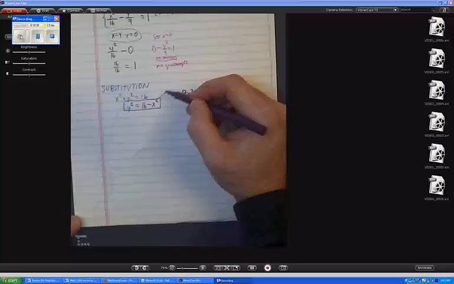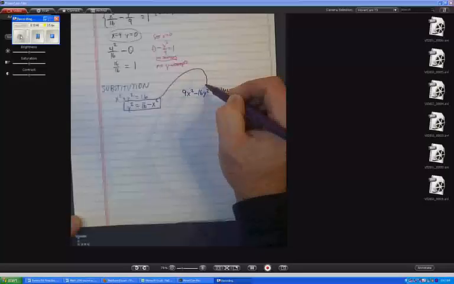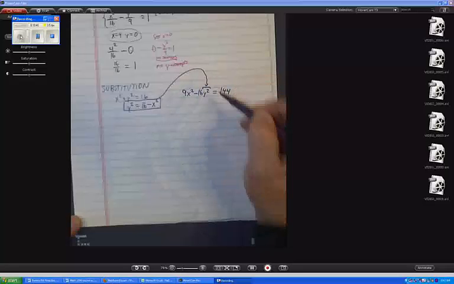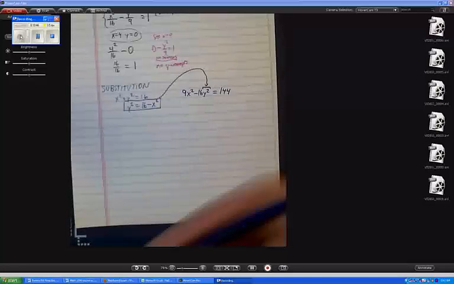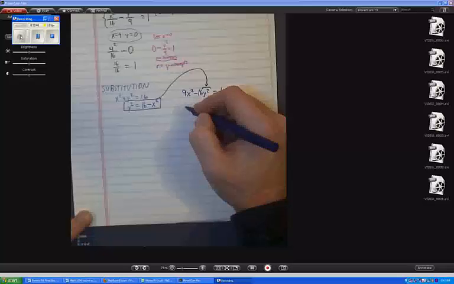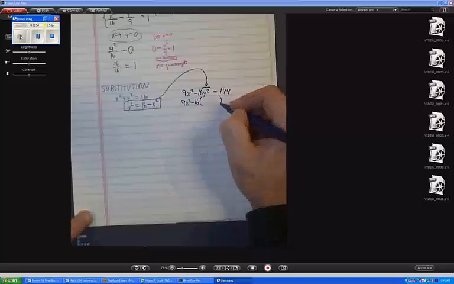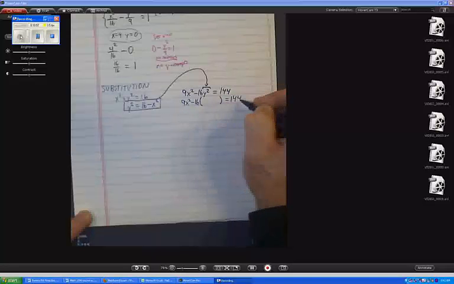So I'm going to come over to this equation, and where it used to say y squared, do you know what I'm going to throw in there? 16 minus x squared. So watch what happens. We get 9x squared minus 16 times, and we put in parentheses that 16 minus x squared.